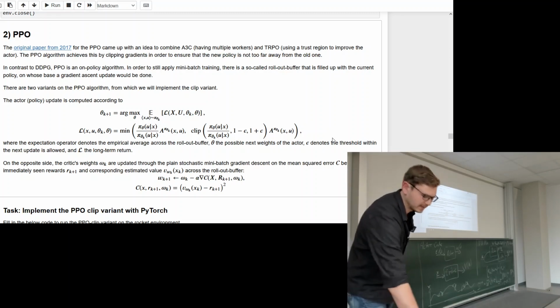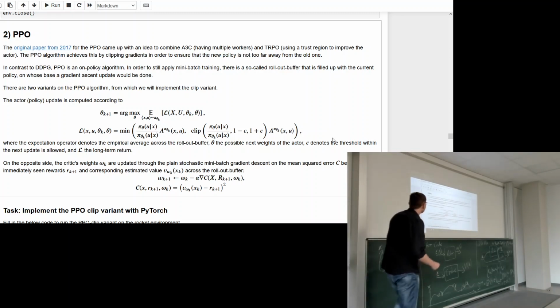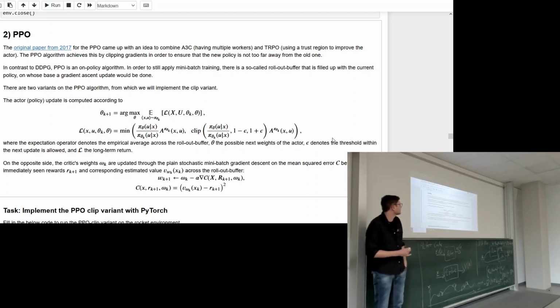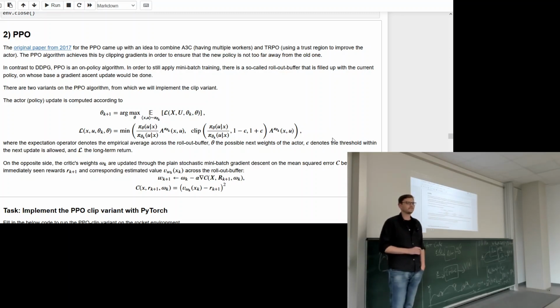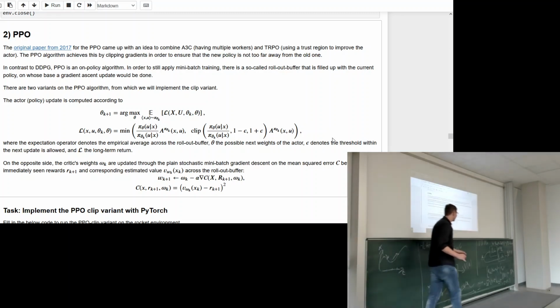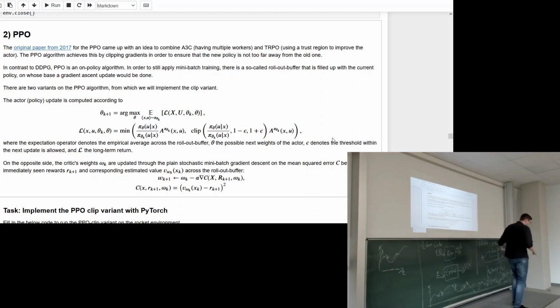Yeah, so another question concerning this algorithm. Is it used for stochastic or for deterministic policies? So DDPG, I already told you, it has it in the name, right? Deterministic policy.